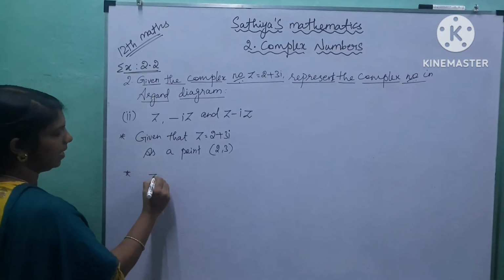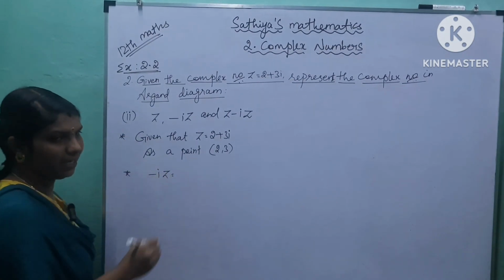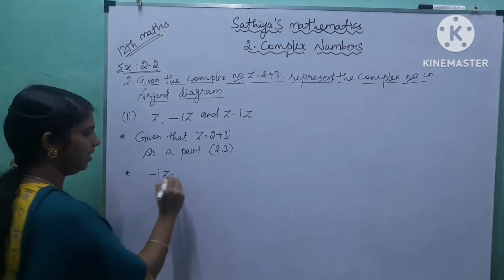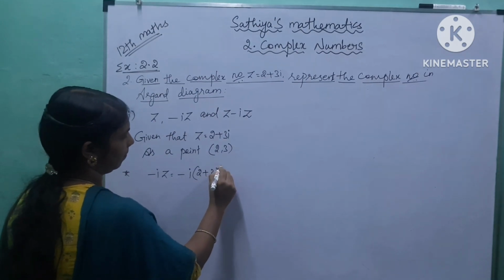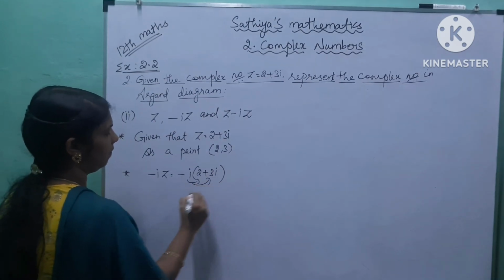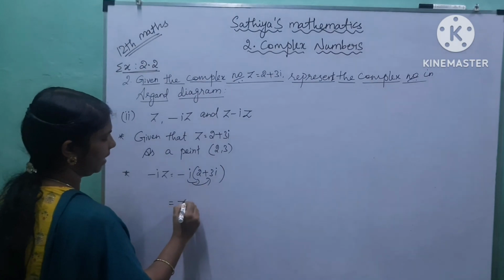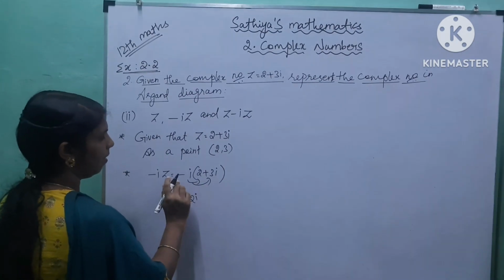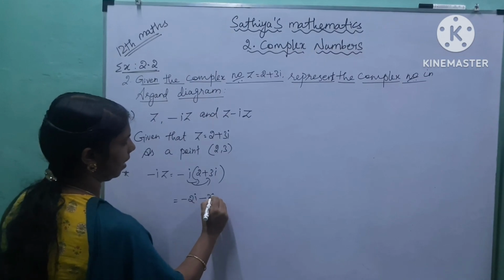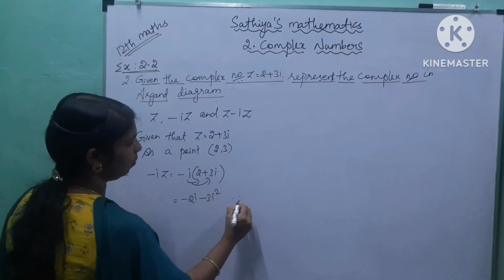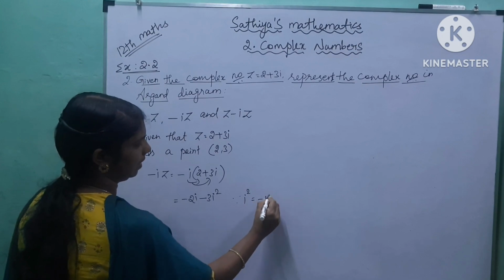And the next one is minus iz. Minus iz is nothing but minus i into 2 plus 3i. So multiply minus i with each term. So minus 2i. Minus i times 3i is minus 3i square. And we know that i square is equal to minus 1.